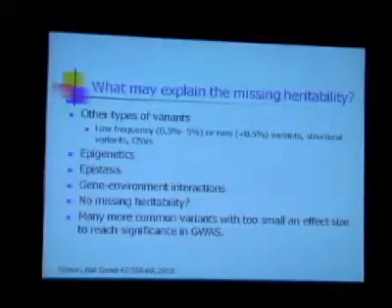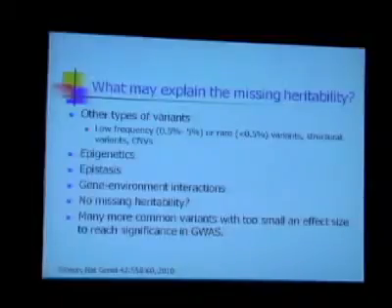A few factors could explain this missing heritability. The first one is that there are probably other types of variants than those that we are looking at in Genome-Wide Association studies. Basically low frequency variants or rare variants, structural variants like copy number variants, and of course factors like epigenetics, epistasis, gene-environment interaction.